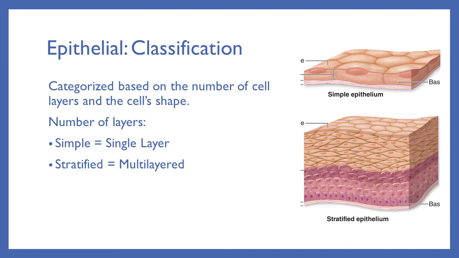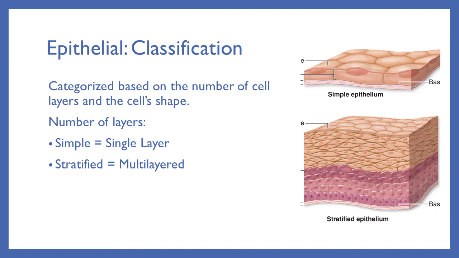The pictures on the right here show us a simple epithelium that consists of a single layer of cells, kind of flat and pancake shaped, and stratified epithelium below it shows us probably the skin. We're looking at 1, 2, 3, 4, 5, 6, 7, 8, 9, 10 plus layers all packed on top of each other. That is called stratified. So that allows us to classify by the number of layers.